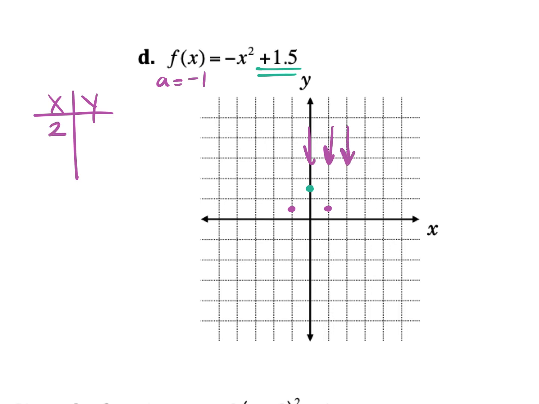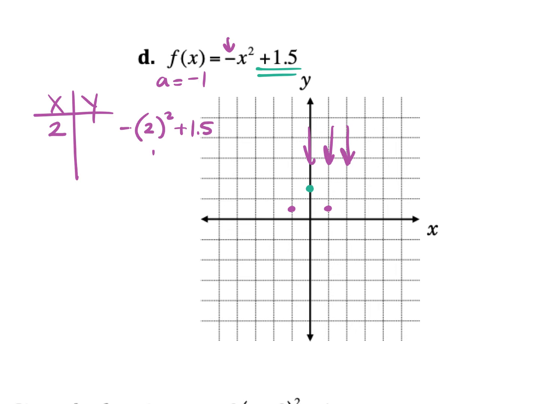So if I plug in a 2, what do I get? Be careful here. Does that negative, this negative, does that go inside or outside parentheses? Outside. So this is the opposite of 2 squared plus 1.5.